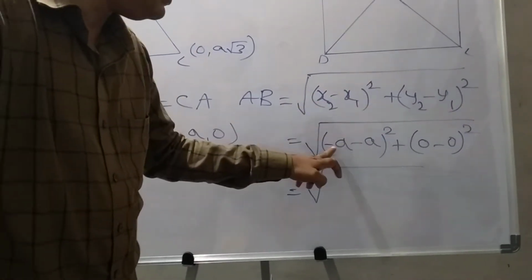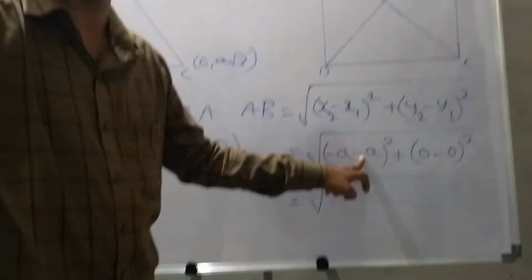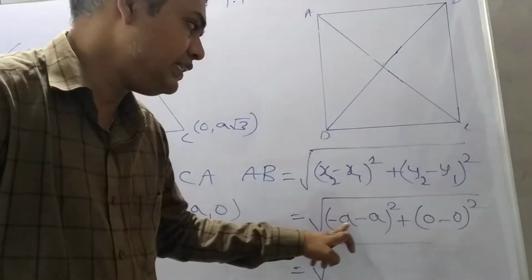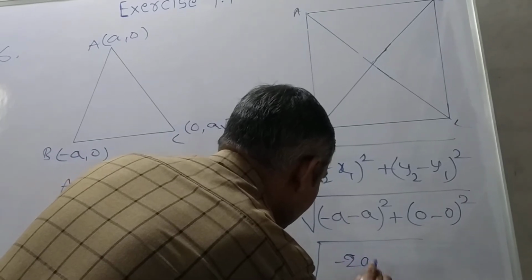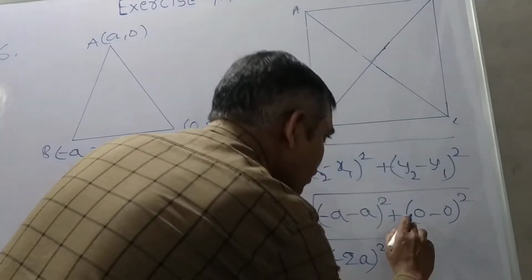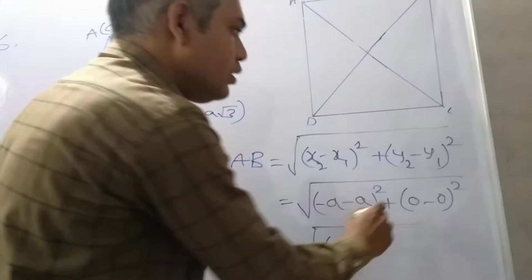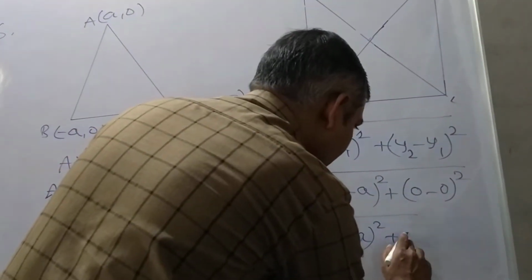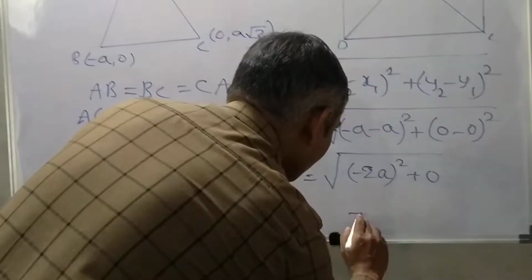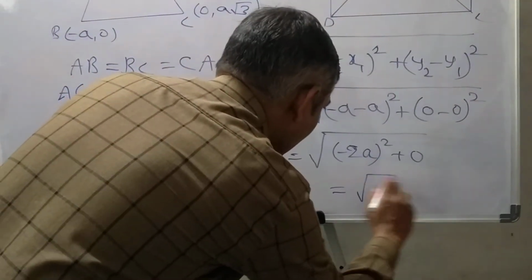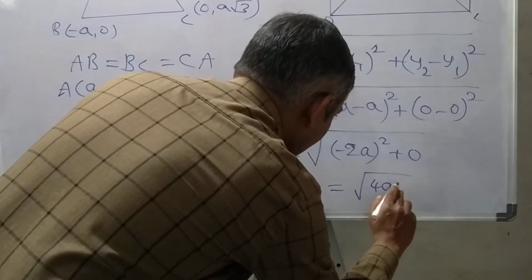It is not, the signs are the same, so it is minus 2a, whole square. 0 minus 0 is equal to 0, and 0 square is also 0. Then minus 2a whole square is equal to under root 4a square.